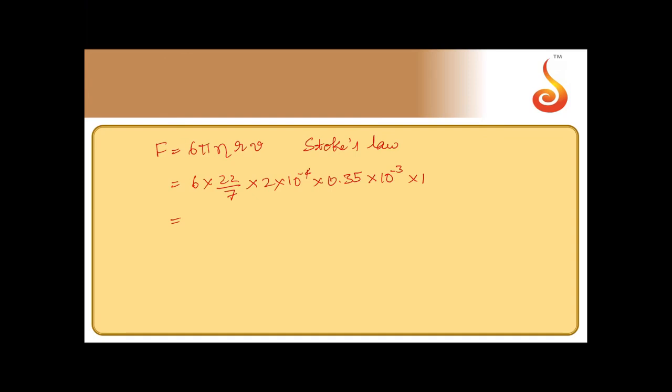So 6 into 22 into 2 into 0.35. So we'll get 13.2 into 10 to the power minus 7 Newton. So that is force. So that is option D.